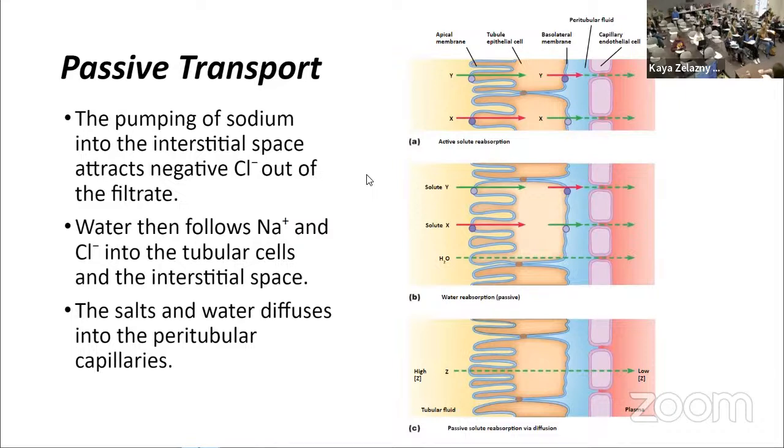Chloride ions then are just going to follow the sodium ions because of their negative charge. Sodium is positive. And then because we have a bunch of ions getting concentrated on that basolateral side of the cell towards the blood, okay, water wants to move, spread those solutes apart, so it moves too. So this all got set up with sodium, but overall what we're moving through this process is the sodium, the chloride, and the water, but they're all going back towards the peritubular capillaries. They're all getting reabsorbed.